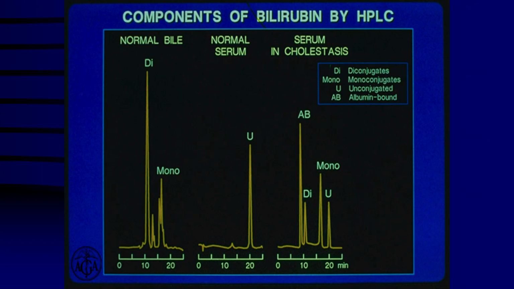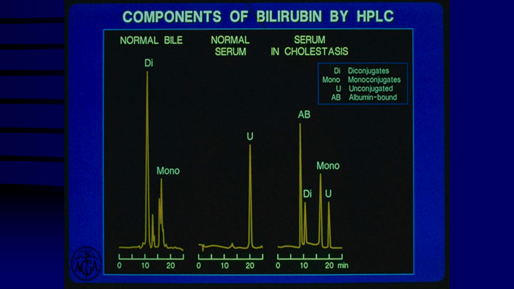So if you do an HPLC on bilirubin in serum, shown in the middle of the slide, most of bilirubin in serum is unconjugated. That is the bilirubin you generate in RE cells, while most bilirubin in bile, shown on the extreme left of the slide, is the conjugated bilirubin.